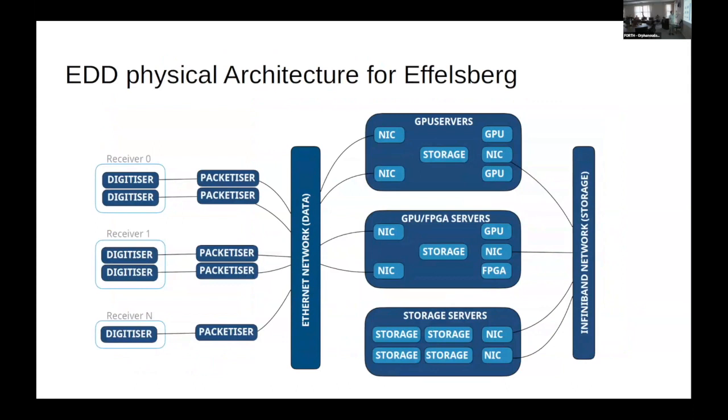Each receiver has a digitizer connected to the packetizer, and then to the GPU and DJ servers via Ethernet networks. The GPU and DJ servers are connected to the storage servers through the Ethernet networks. So this is the physical architecture for the EDD system.